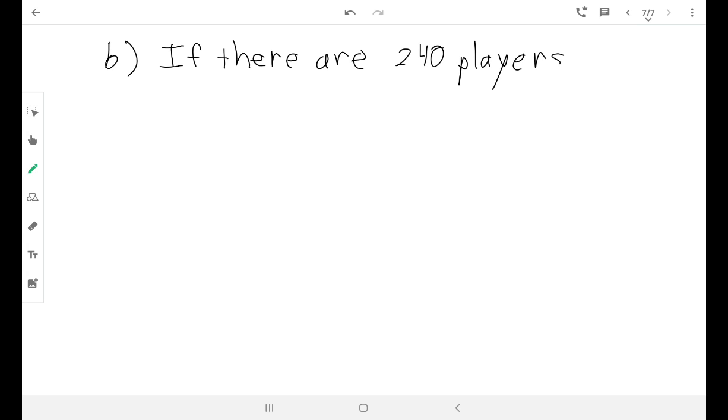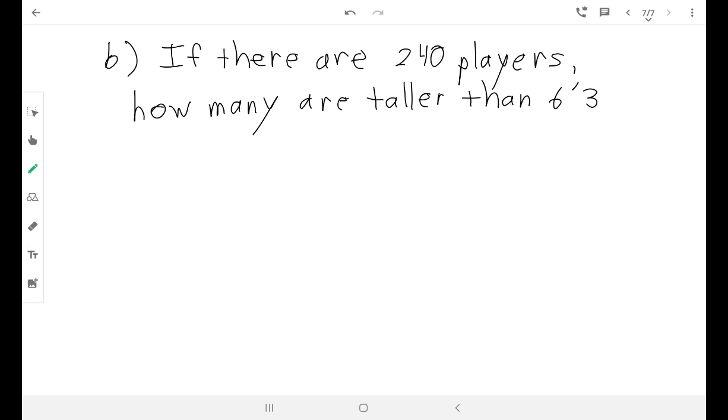But part B asks if there are 240 players, how many are taller than 6'3"?